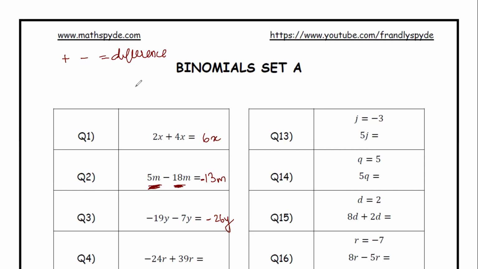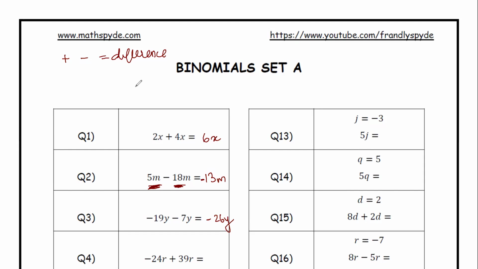So for example, look at question number 2, 5m minus 18m. The difference is 13m. But the sign, whether it's 13m positive or 13m negative, depends on the absolute value. When I say absolute value, I mean the magnitude of the number without the variable.